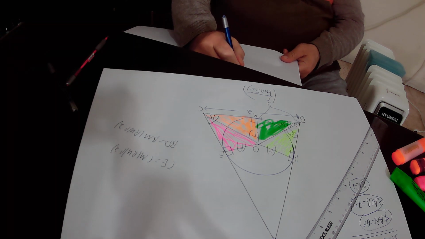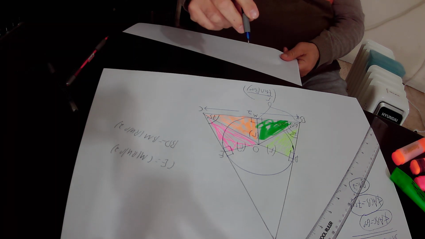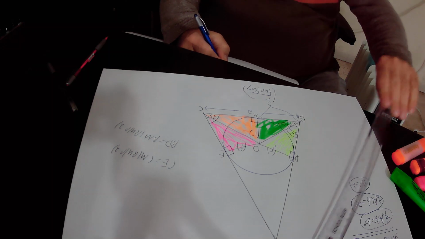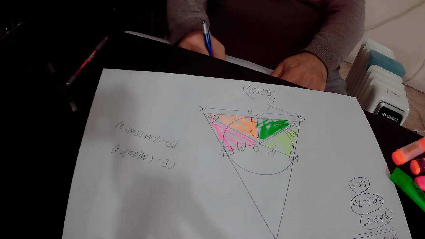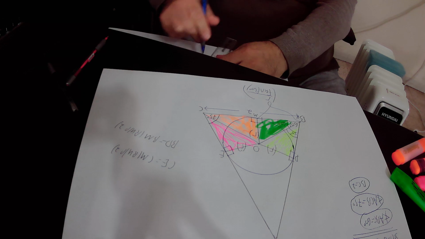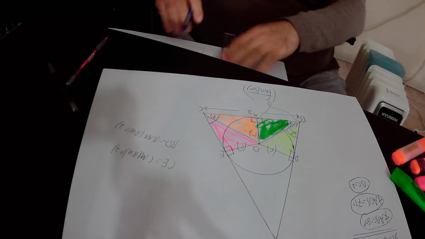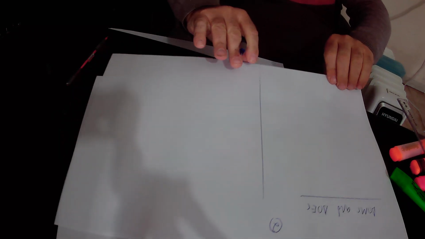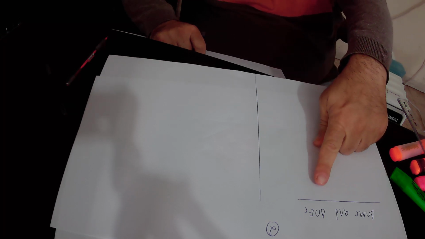We prove that it is congruent to the pink triangle, triangle OEC. Repeat again. We prove the orange triangle OMC is congruent to the pink triangle, triangle OEC.